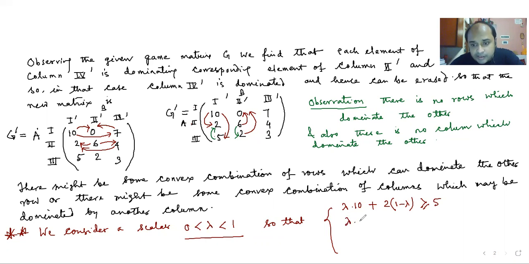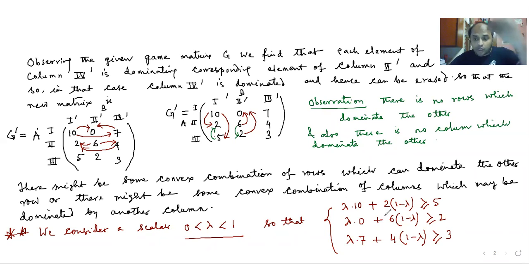Second, lambda into 0 plus 6 into 1 minus lambda can dominate 2. And lambda into 7 plus 4 into 1 minus lambda can dominate 3. Our next job is to solve these inequalities to check if there is a possible range of lambda for which this may happen.